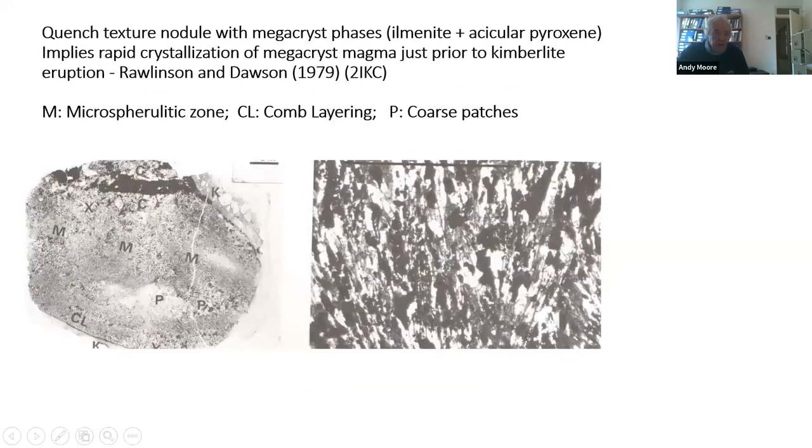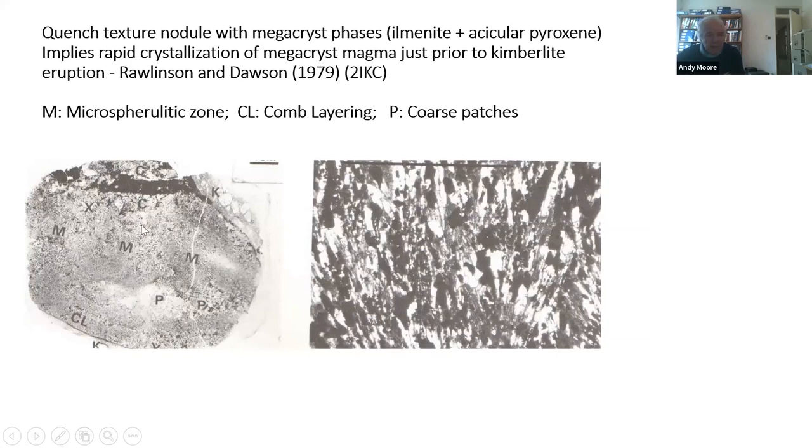Now, in addition to these large nodules, you get much rarer inclusions in kimberlite. This is a pyroxene ilmenite intergrowth, and the composition of the phases is very similar to those of the megacryst suite. So this suggests a link to the megacryst suite.